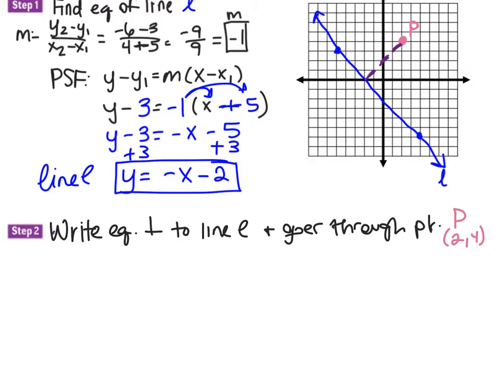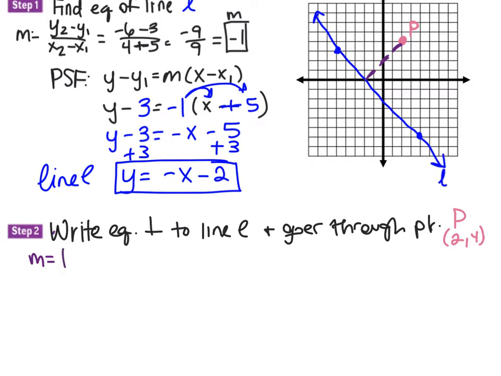So for step 2, we have to write a perpendicular line because that's what goes through P. Perpendicular has to be an opposite reciprocal slope. In this case, the opposite reciprocal of -1 is +1.